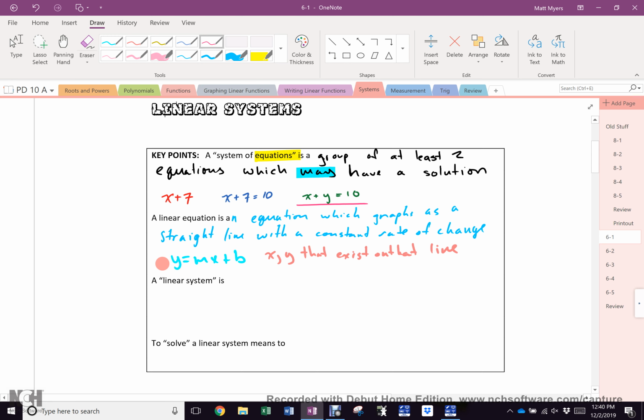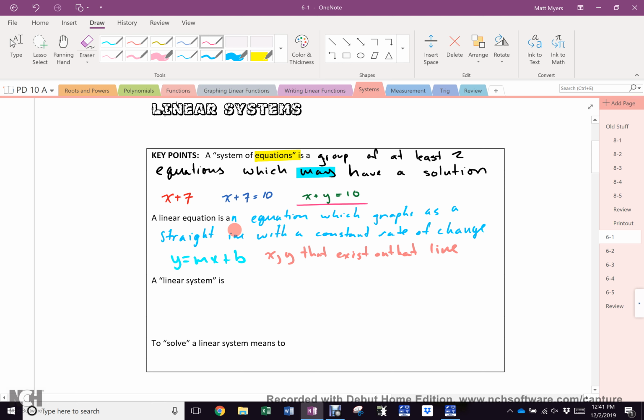Then what would happen mathematically if I put y there, a pink y, and a pink x there? What would happen if this was a linear equation? They would be equal. Whereas up here, they were not equal. So this point couldn't exist on that line. Is everybody okay? All right.